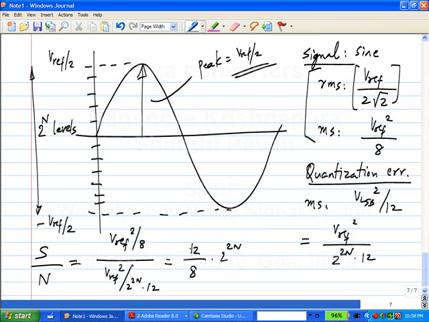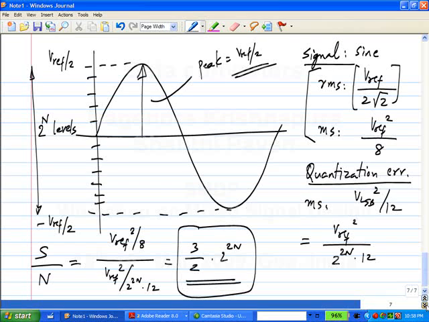So, if I divide a given range into 2 to the n levels and apply the maximum possible sine wave to it and see the signal to quantization error ratio, that number will be this much. Are you guys familiar with this result? So, this is the signal to quantization noise ratio.